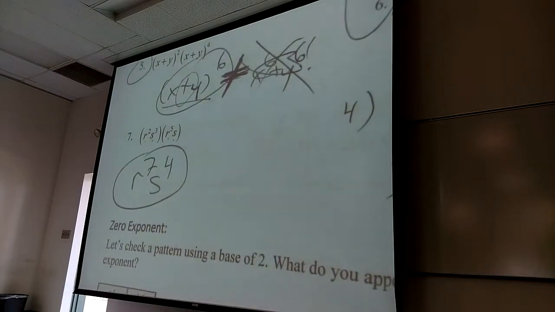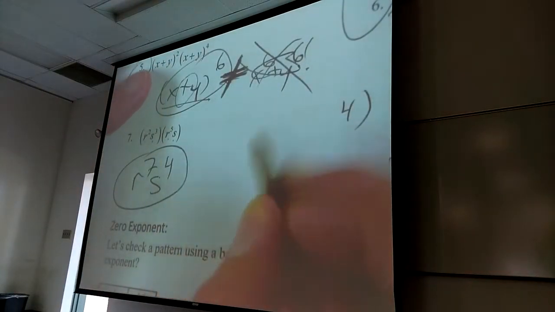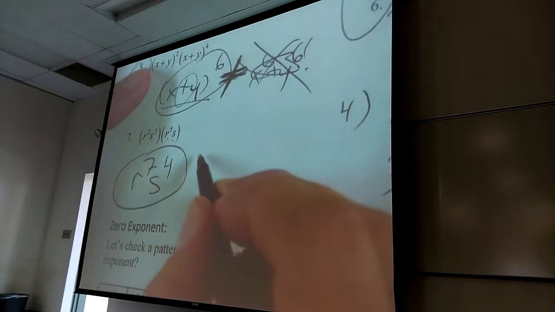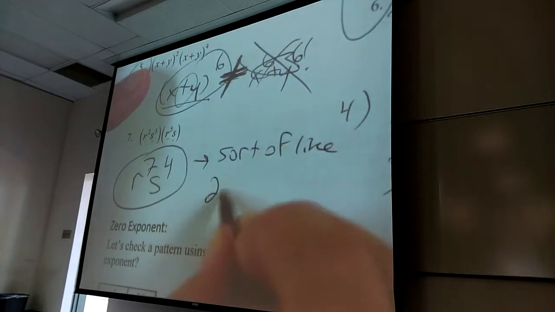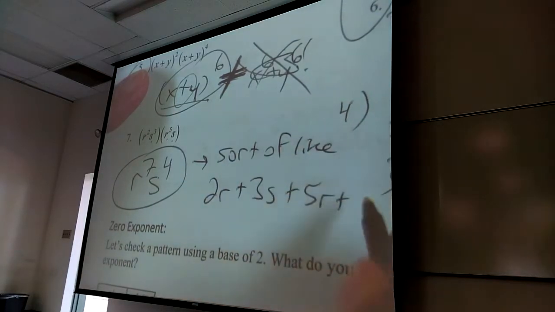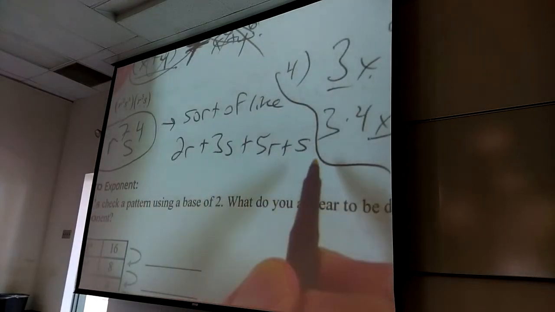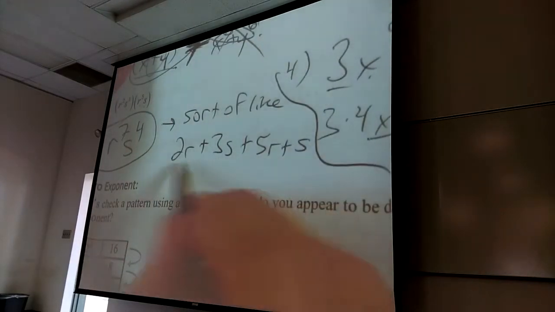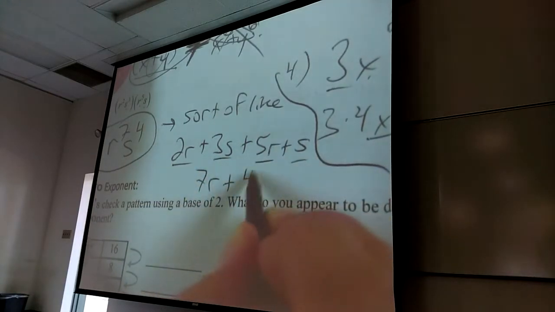Is that cool? How do you do this? 2R plus 3S plus 5R plus S. I see 7 R's adding, and I see 4 S's.